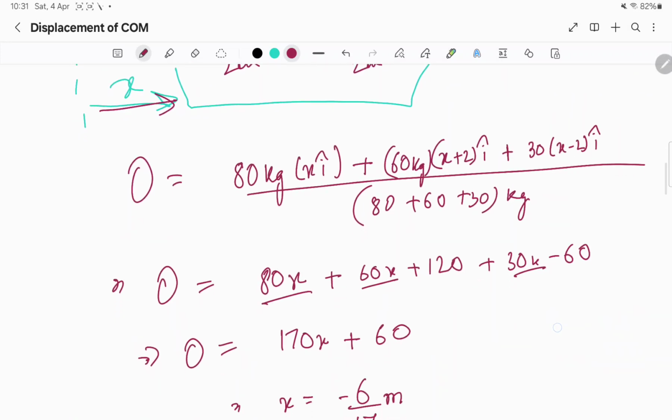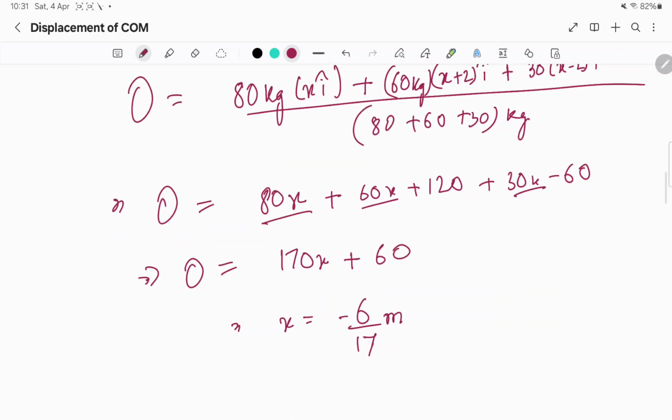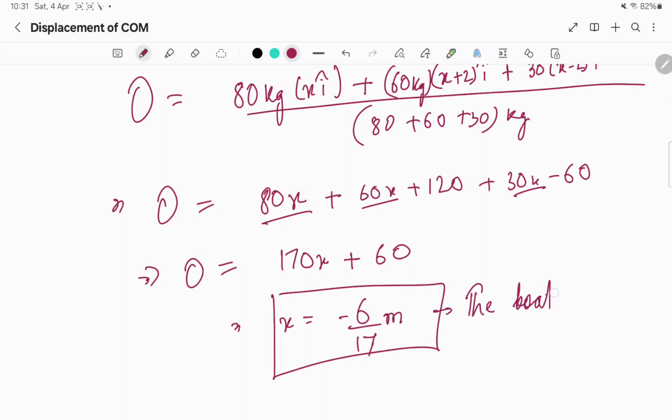Yeah, so everything is correct: 80x, 60x plus 120, plus 30x minus 60. So what we are getting here is 170x plus 60. So yeah, we are getting x as negative. That means the boat is moving to the left. The boat moves to the left by 6 by 17 meters.